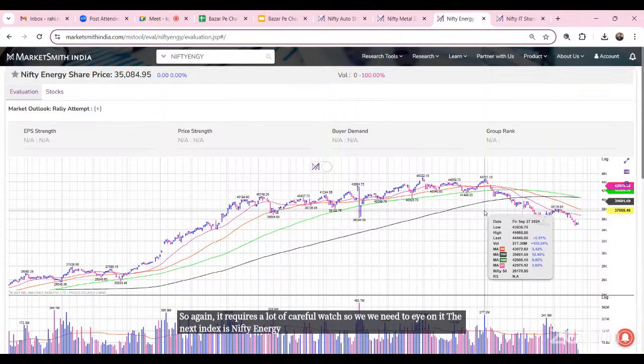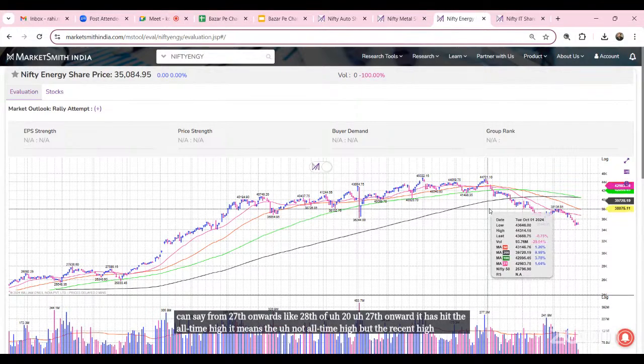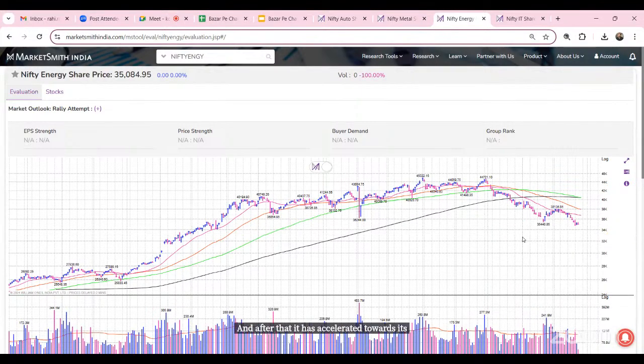So Nifty Energy also behaves like Nifty Auto, we can say. From the 27th onward, it hit the recent high, not an all-time high, and after that it has accelerated towards its downside gradually.